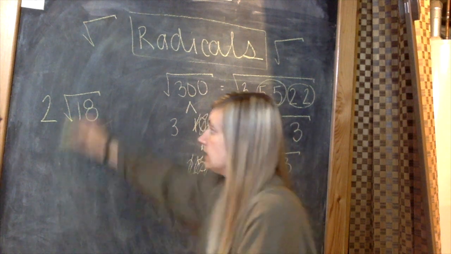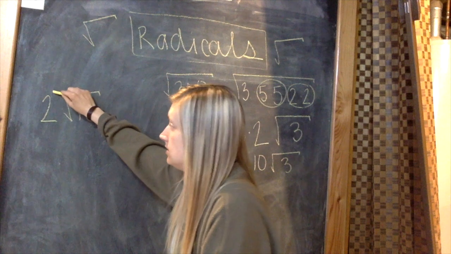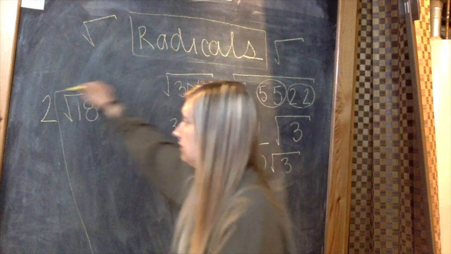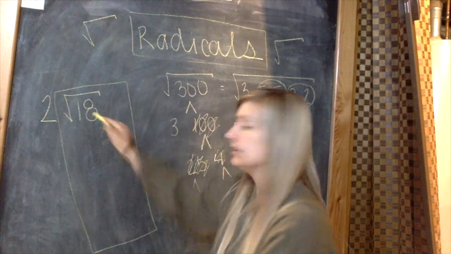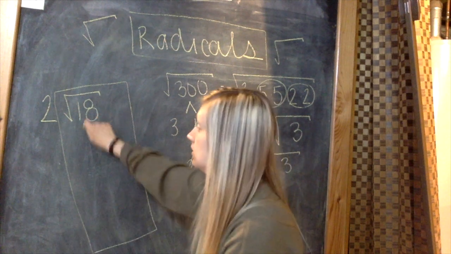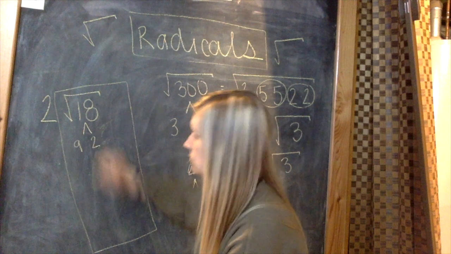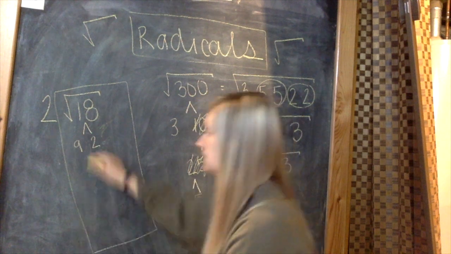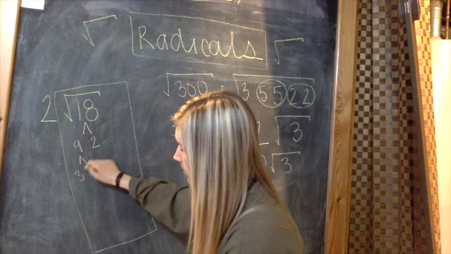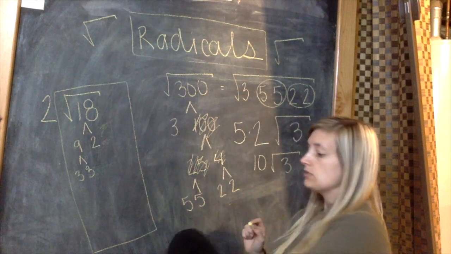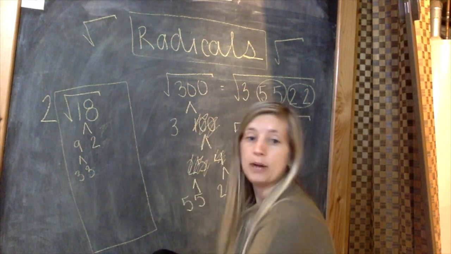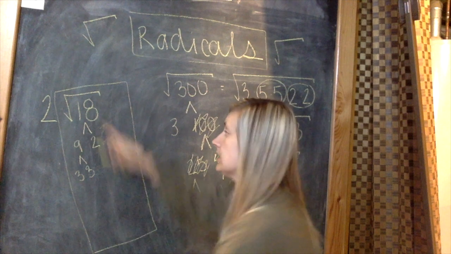Our goal is to still take this guy and break him down. What goes into 18? 9 and 2, and then 9 breaks into 3 and 3. Now I have all primes at the bottom, so this is as far down as it can go.